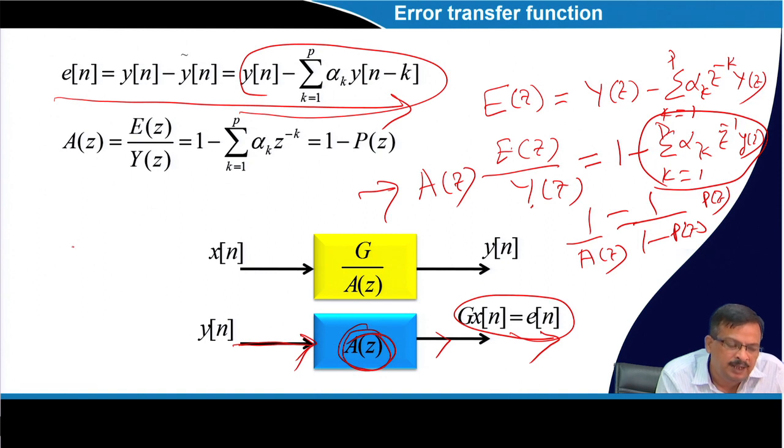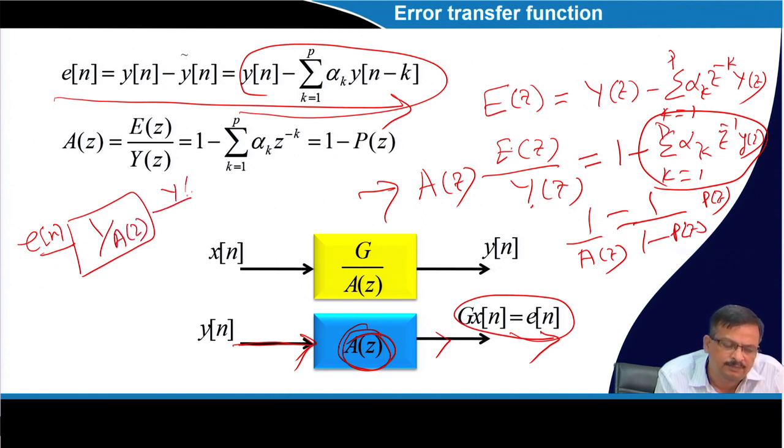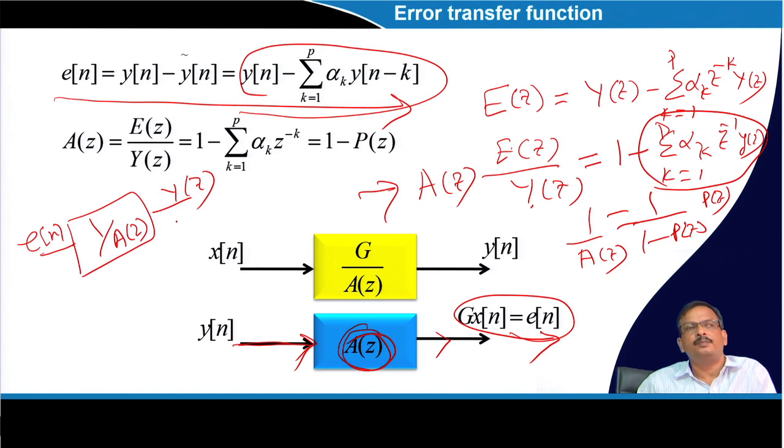Now if my input is the error e n and this is 1 by A z, I should get Y z, or I should get y n. So if I apply the estimated error through 1 by A z, because it is a linear filter, 1 by A z is also valid. So through 1 by A z I can get y n back.